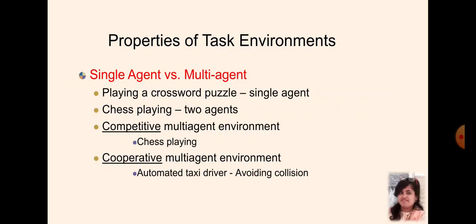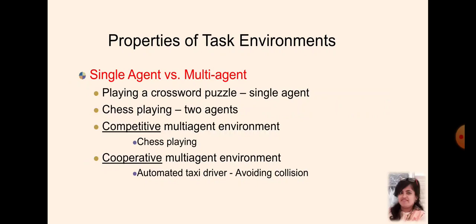Next, we are going to talk about the single agent versus multi-agent environment. Playing a crossword puzzle is an example of single agent. And chess played by two agents is an example of multi-agent. That is, how many agents there are makes the environment single agent or multi-agent.